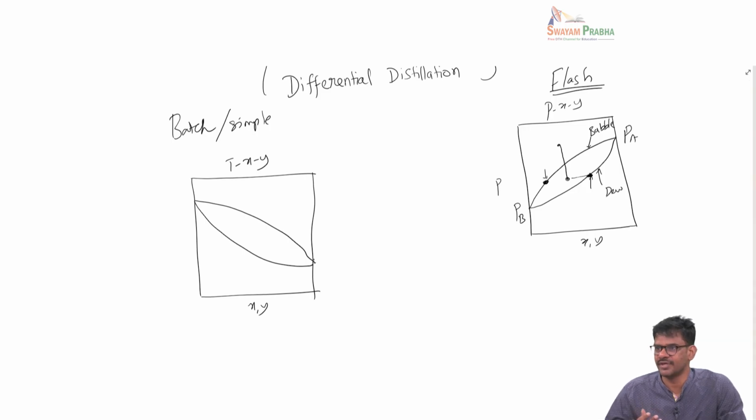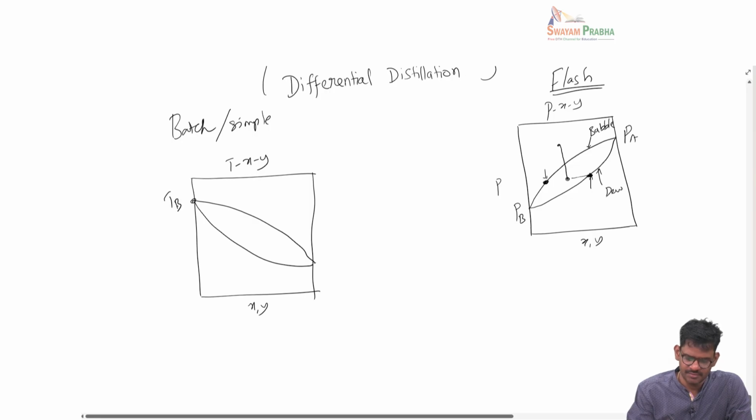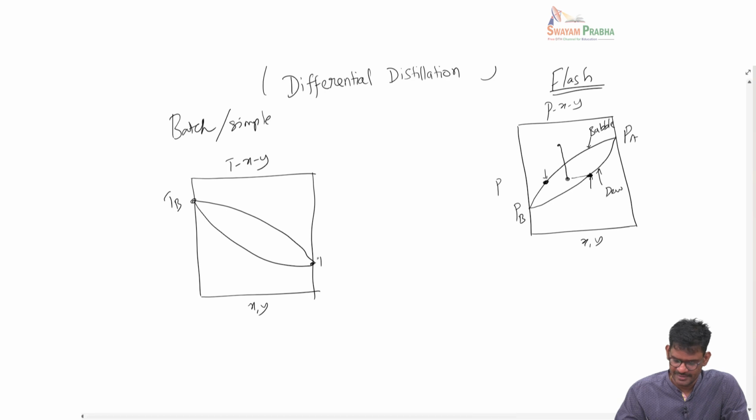We change the temperature to vaporize and condense, whereas in flash we work with pressure. This one corresponds to TB, the boiling point of species B, and this is the boiling point of A.